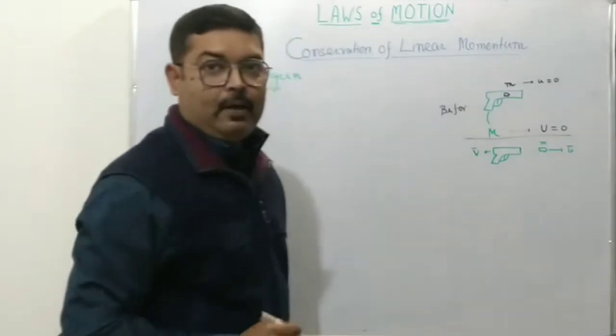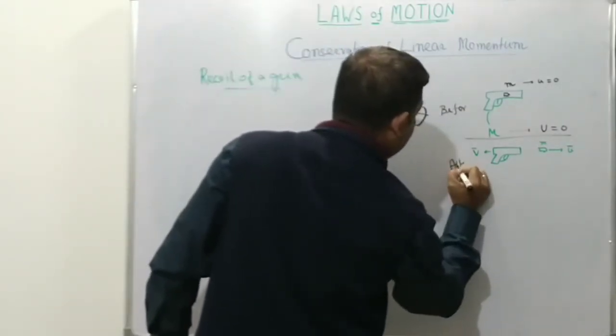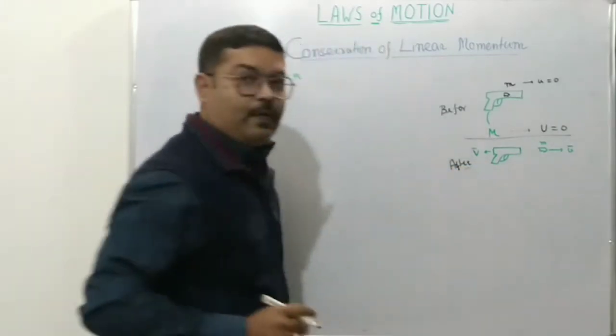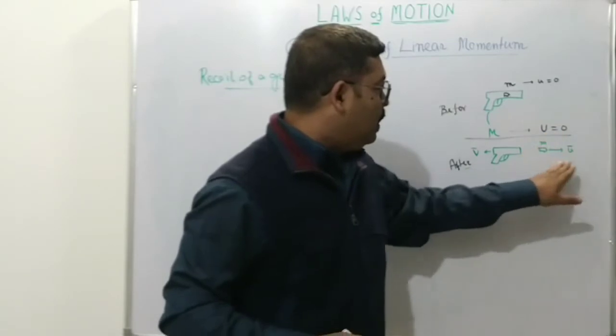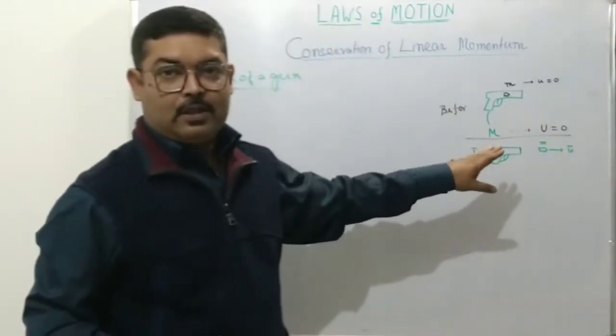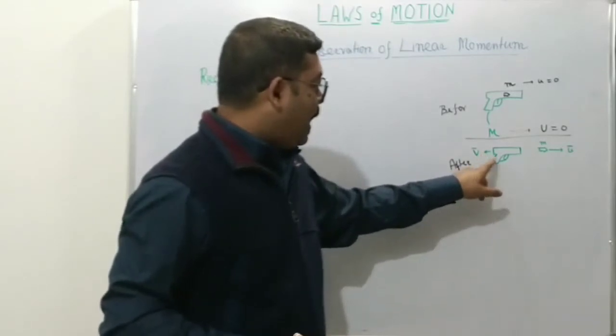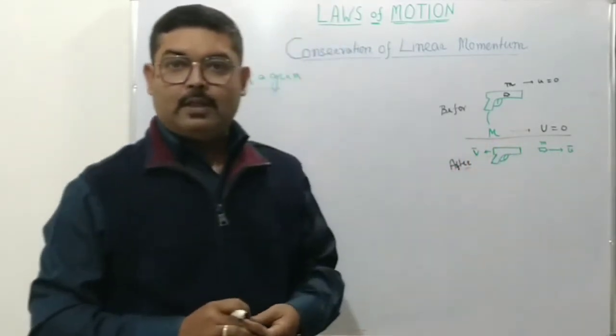the bullet being fired. After the bullet was fired, the bullet has gained a velocity v, the muzzle velocity, and as a result the gun also experienced a certain amount of velocity.